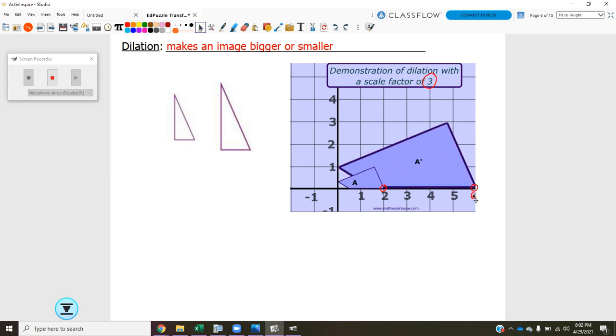The 6 kind of got cut off, so I drew it in. But that's where the scale factor of 3 is used, we're going to multiply 2 times 3 to get 6. Okay, so the scale factor tells us what to multiply by and how many times larger something became.